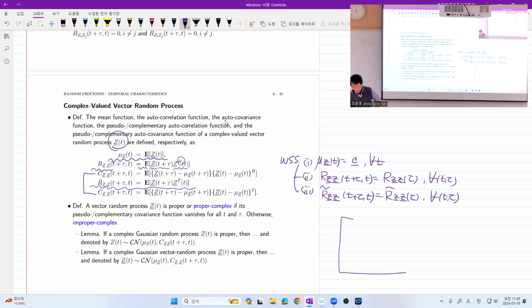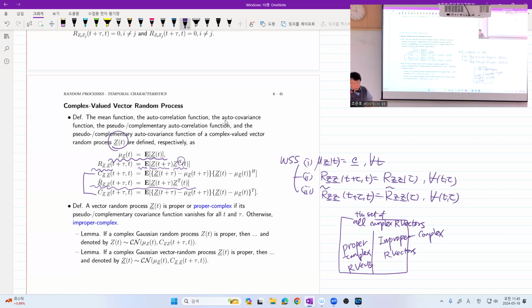Recall that this is the set of all complex random vectors, and there is a very small subset, but let me just divide into two. Here you have proper complex random vectors, and here improper complex, or simply improper random vectors. Or if you say random variables.